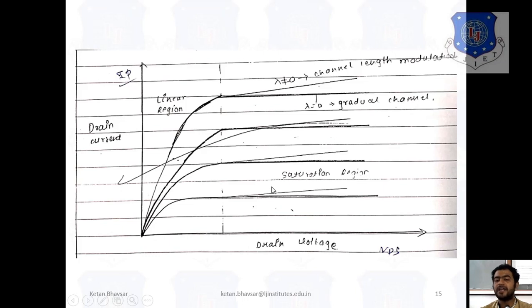This point plays a major role when we discuss channel length modulation, and also when we discuss what displacement vector will be generated for a specific channel length, and it should be delta L. So I hope you are getting the idea about what exactly channel length modulation is and how it works.